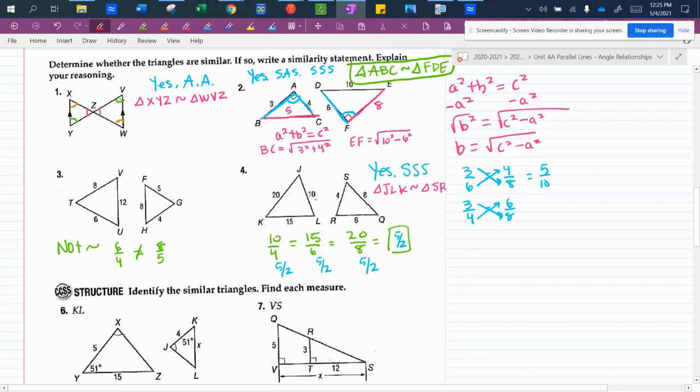So if I have SRQ, that's saying that JL corresponds to SR. That's saying KL corresponds to RQ. Yes, that's true. And then our outside two, JK corresponds to SQ. So that's the statement for that one.